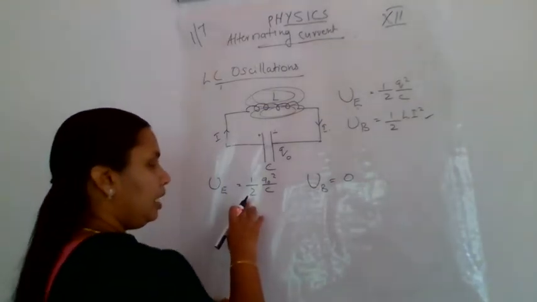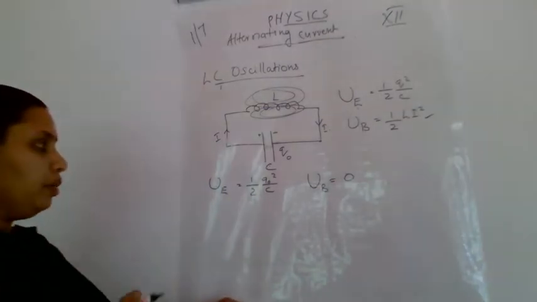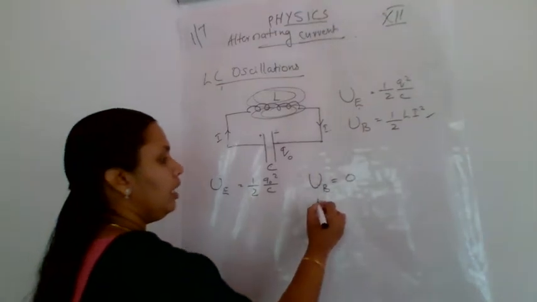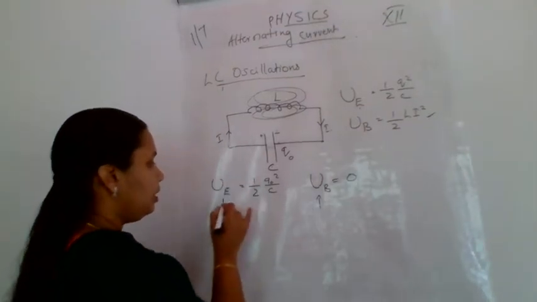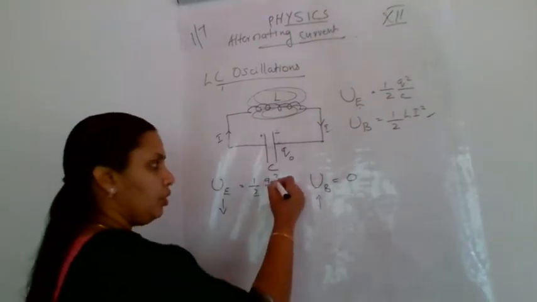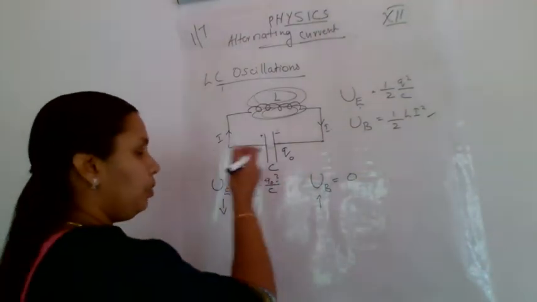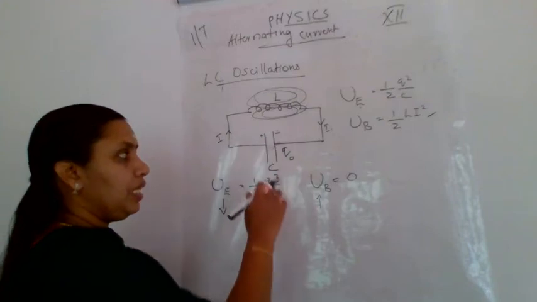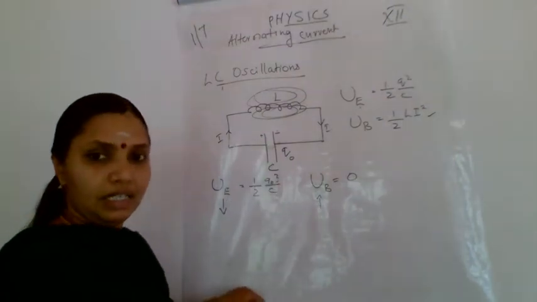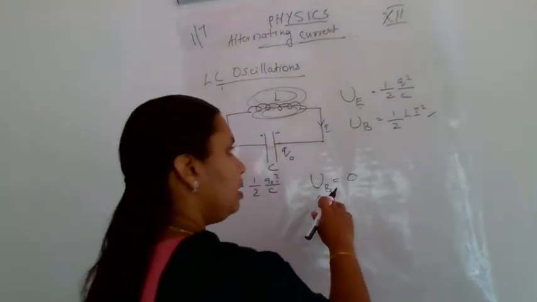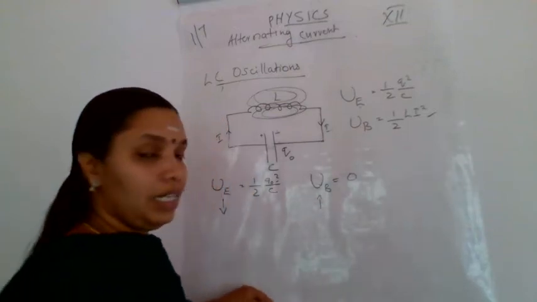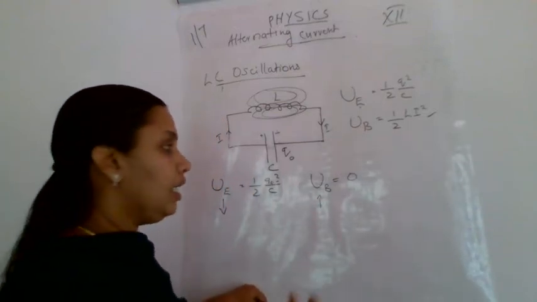So, what happened across the capacitor? Across this capacitor, the energy decreases because the Q0 component decreases, isn't it? The charges start flowing, so the amount of charge stored in the capacitor decreases. Same way, the magnetic energy, that is the energy stored across the inductor, increases.